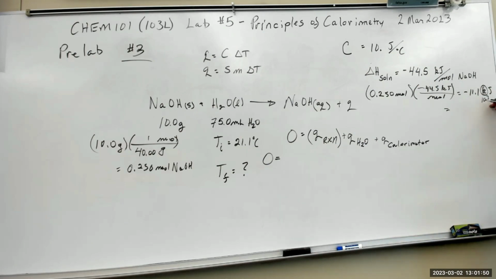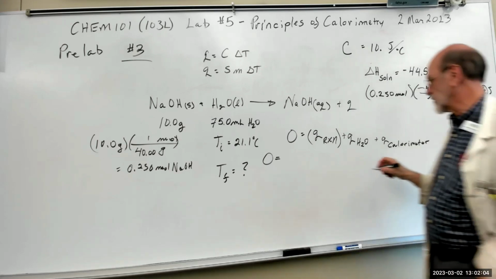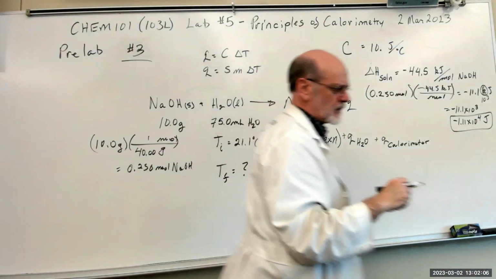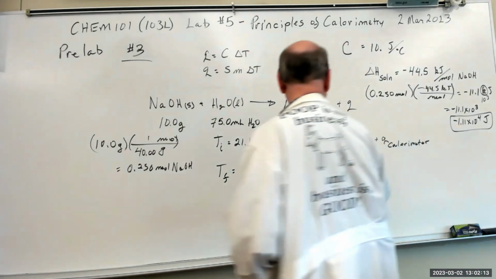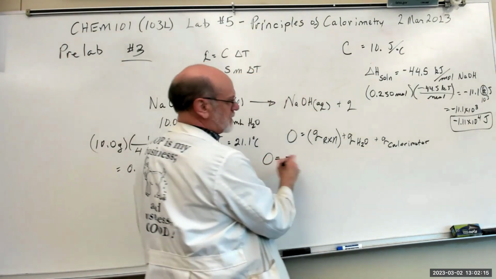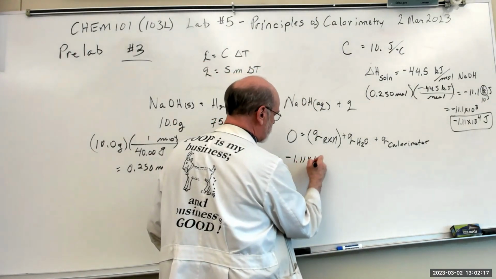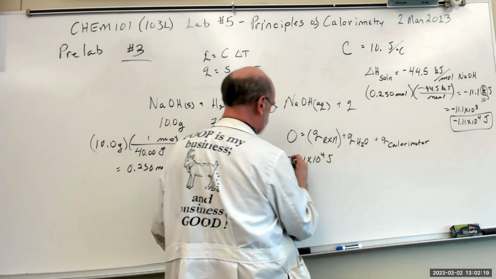That's 10 to the 3, isn't it? Right. So this would be minus 11.1 times 10 to the 3, or minus 1.11 times 10 to the 4th joules. So that's the term that goes here. Pretty sure. Yep, that's the term that goes here. Minus 1.11 times 10 to the 4th joules.